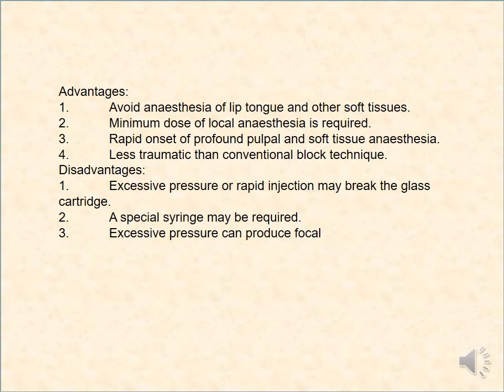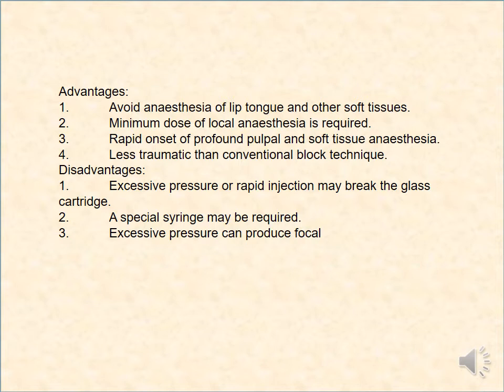There are several advantages to the periodontal ligament technique, and also disadvantages. Excessive pressure or rapid injection may break the glass cartridge, and a special pressure syringe may be required. Excessive pressure can produce a focal space or area for spread of infection.